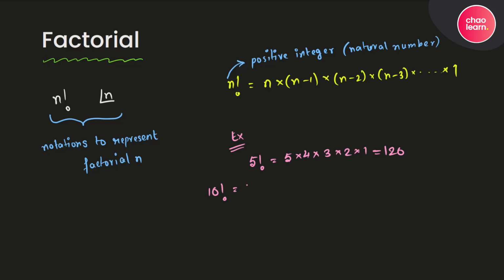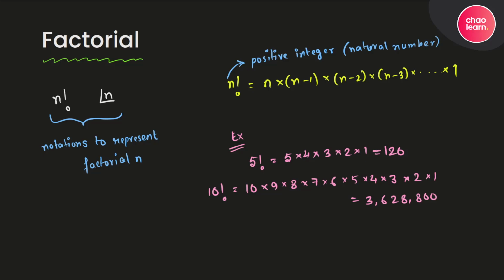We start from 10 and go till 1: 10 multiplied by 9 multiplied by 8 multiplied by 7 multiplied by 6 multiplied by 5 multiplied by 4 multiplied by 3 multiplied by 2 multiplied by 1. If you calculate it, it comes out to be 3,628,800. Pretty big number, right?